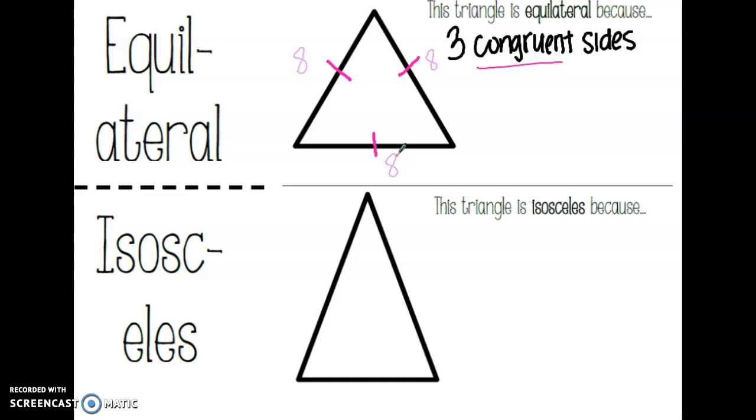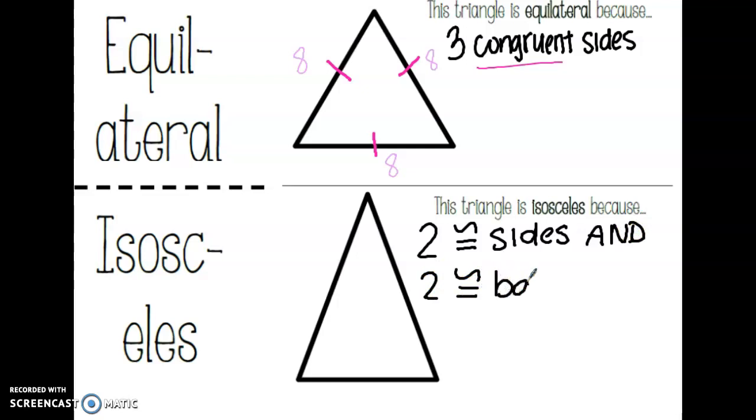For isosceles, isosceles actually has two congruent sides and two congruent base angles. So we would say both of these sides are congruent.